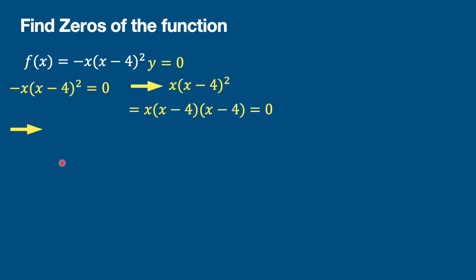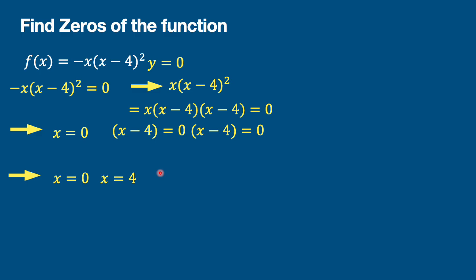Look at this one: x equals 0 first, x minus 4 equals 0, x minus 4 equals 0. This one, x and x minus 4, are factors of the function f. When you find this, we can find the x values. The first one is x equals 0. The second is x minus 4 equals 0, meaning x equals 4.